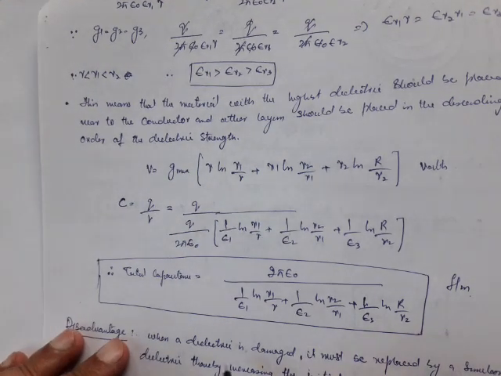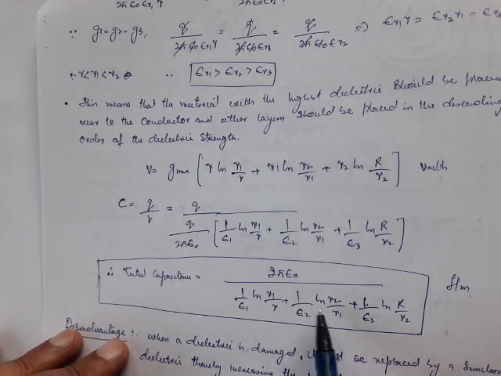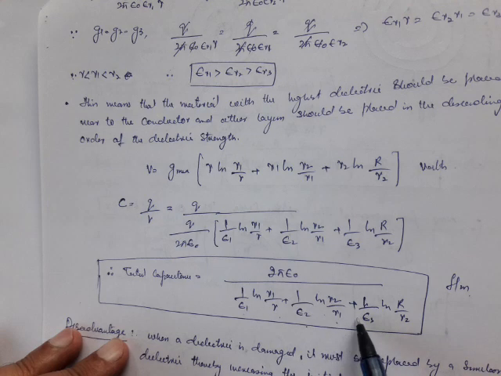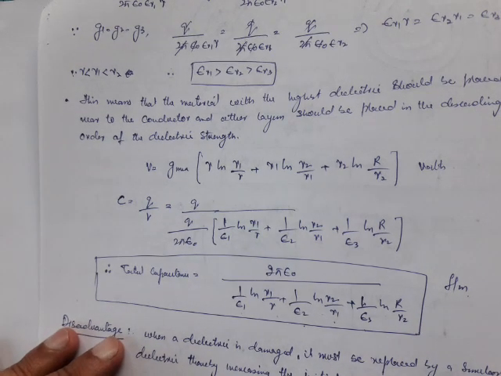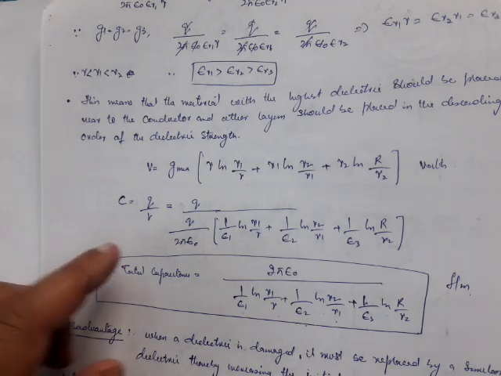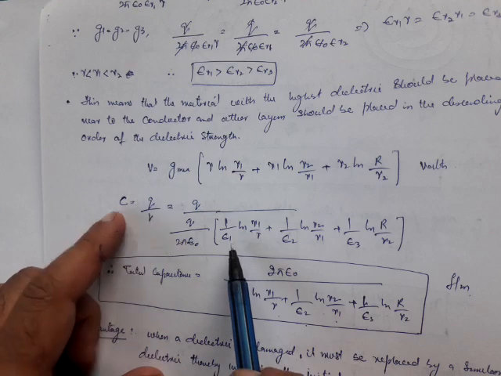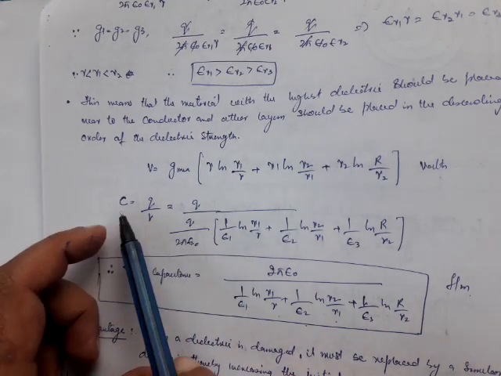The total capacitance of this type of cable is given by 2 pi epsilon naught divided by 1 by epsilon 1 ln of R1 by R plus 1 by epsilon 2 ln of R2 by R1 plus 1 by epsilon 3 ln of R3 by R2. I have directly written the value of C.